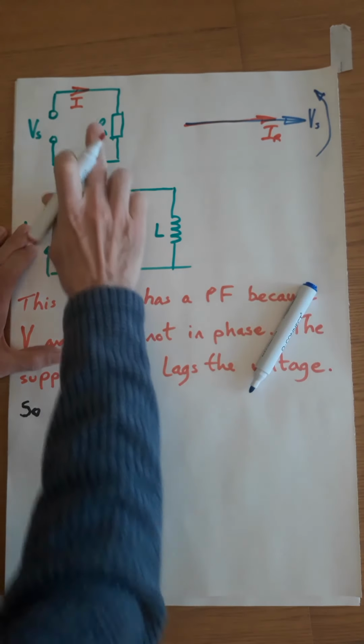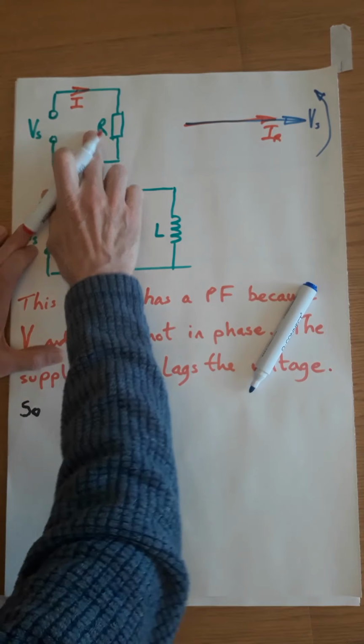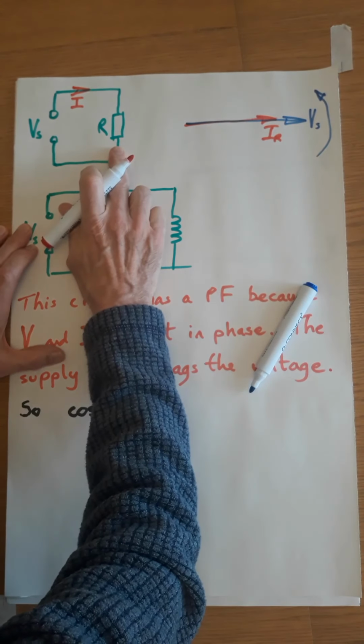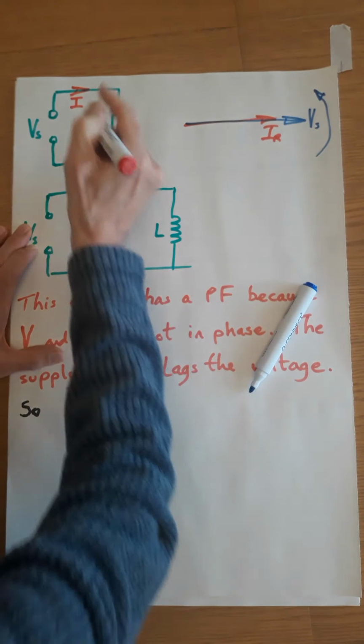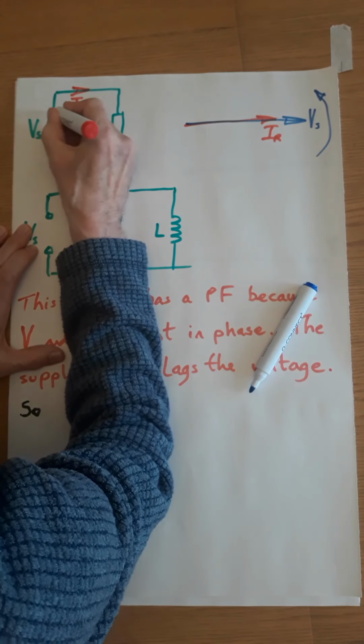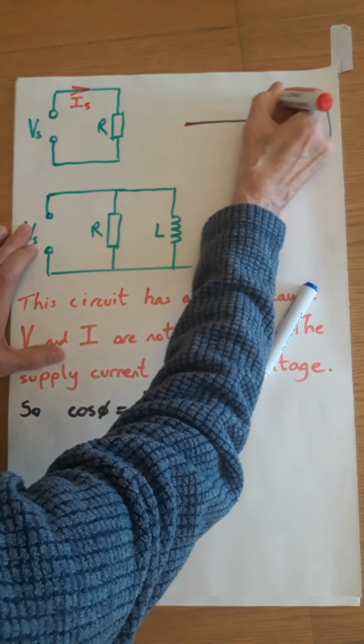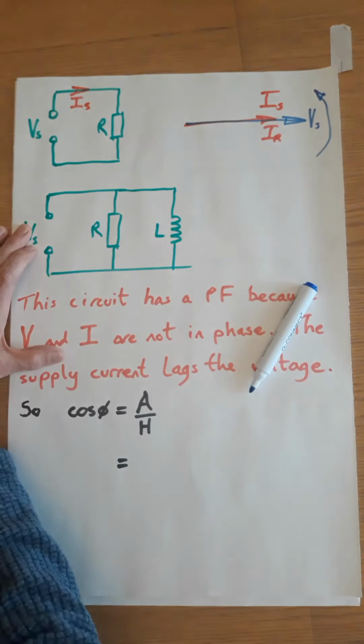If we look at this circuit, the current that goes through the resistor, as I've drawn it there, is also the supply current. That's the current that comes out of the supply, so I could call it the supply current. Doesn't matter, both the same thing.